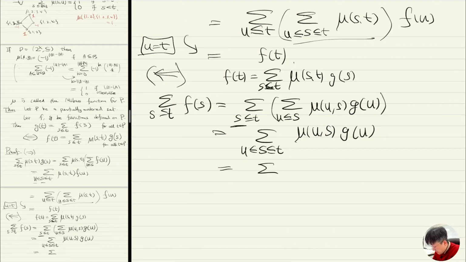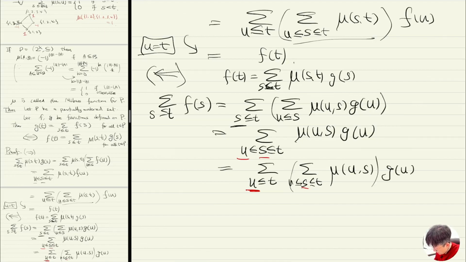Instead of summing over S first, I will sum over u, and then S is between u and T. G of u is common, and the sum of mu is 1 if u is equal to T. So that's G of T. We proved both directions.